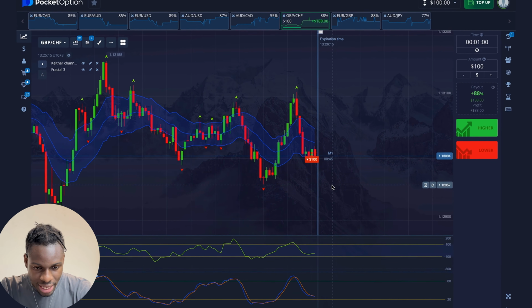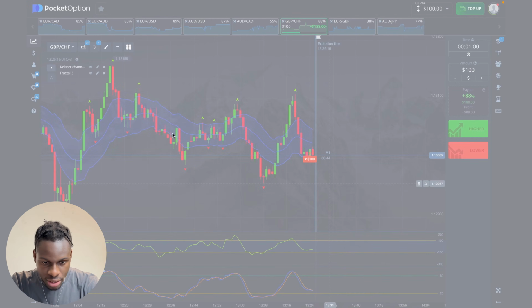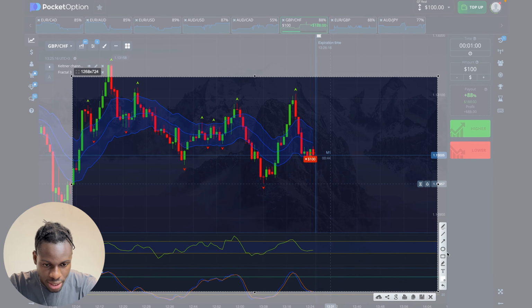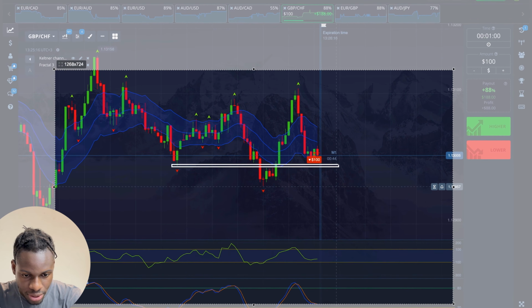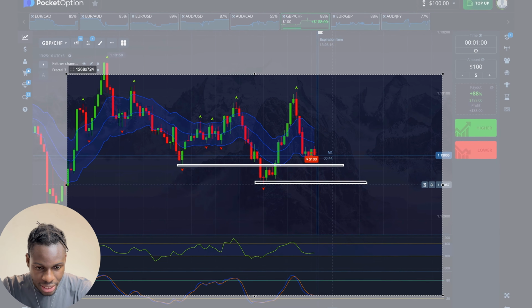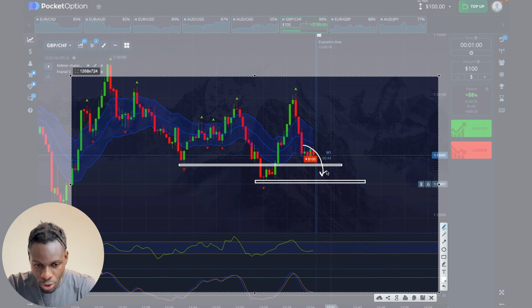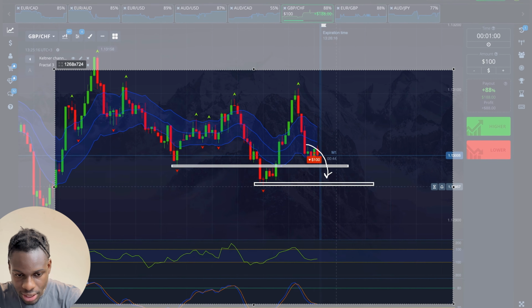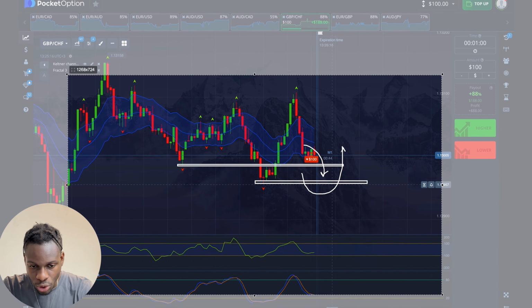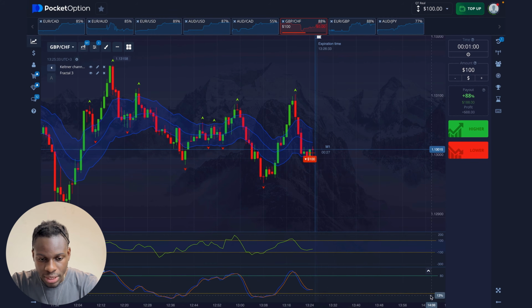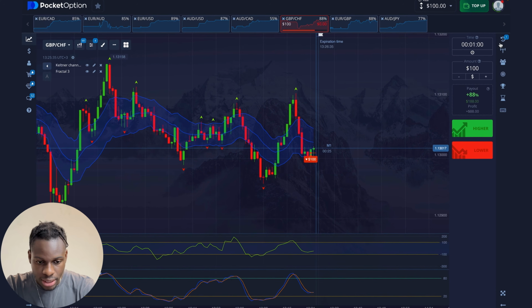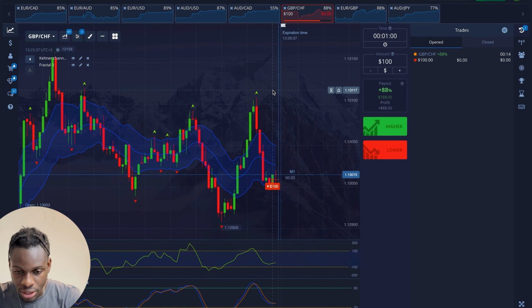And we also see that around that zone, there are decent touch points. Let me just mark that out. So over here and here, we can see decent touch points. So I'm predicting the market will break out of the channel and go to these zones, these areas, before going back up. That's basically the analysis for this particular trade.